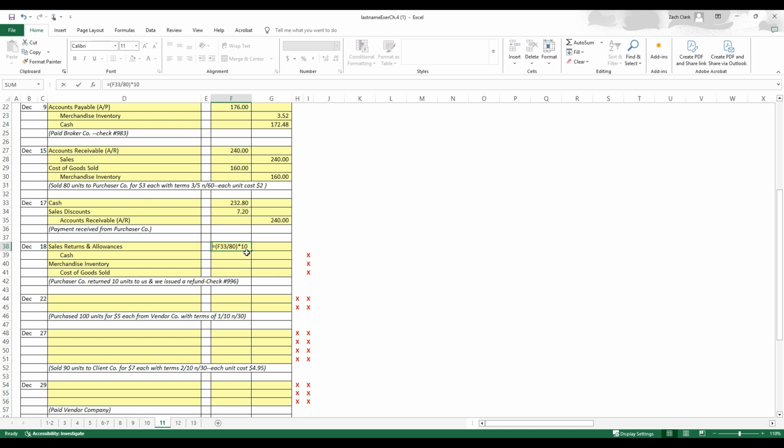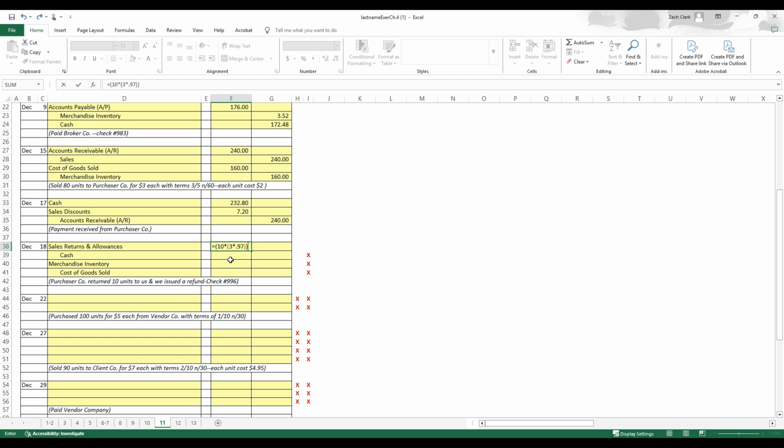So maybe that's another way to look at it: it's $3 each, and if they hadn't taken a discount, then it would be 3 times 10 coming back as a refund to them. But they took a discount, so another way to say the same thing was 10 units returned times $3 per unit times 0.97.